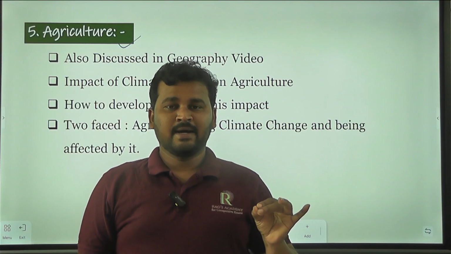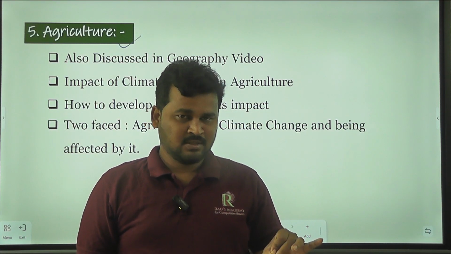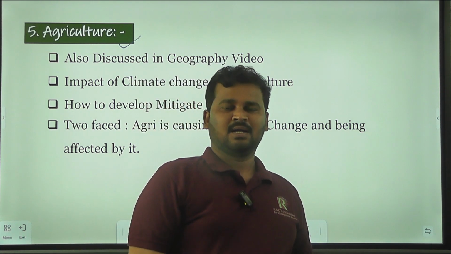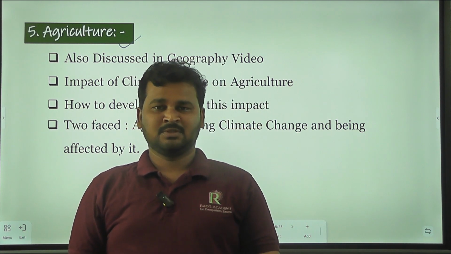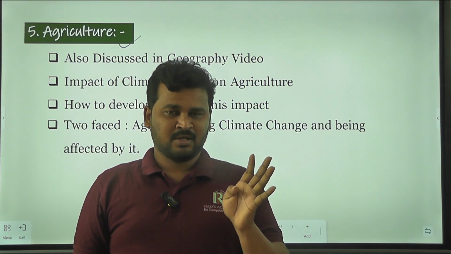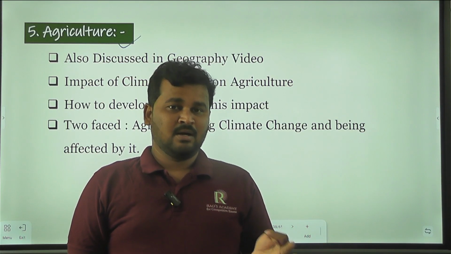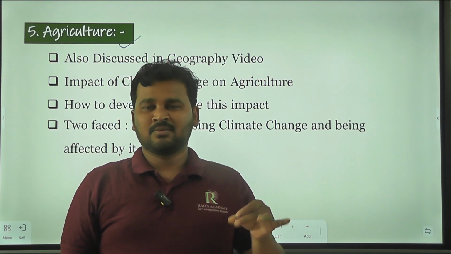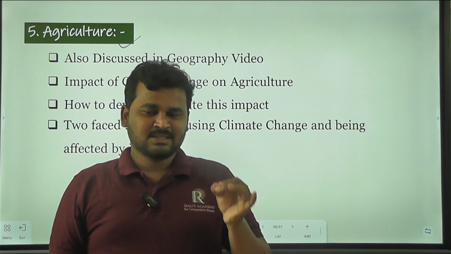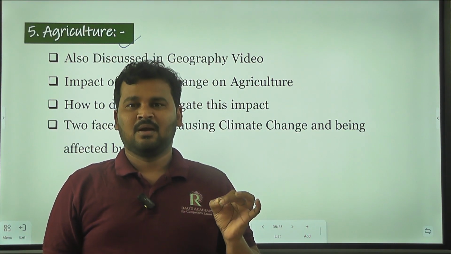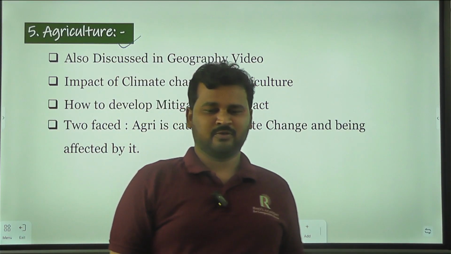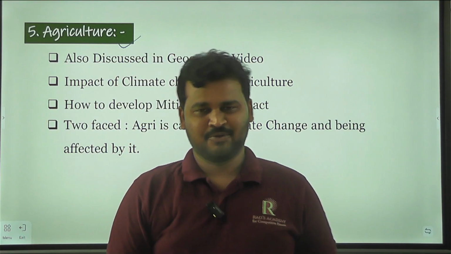And we have to know the temperature and climatic conditions. Clear? Climatic conditions means you have to know at which temperature and which rainfall they are cultivated, or in which type of soil crops are cultivated. Such type of information you need to know here.